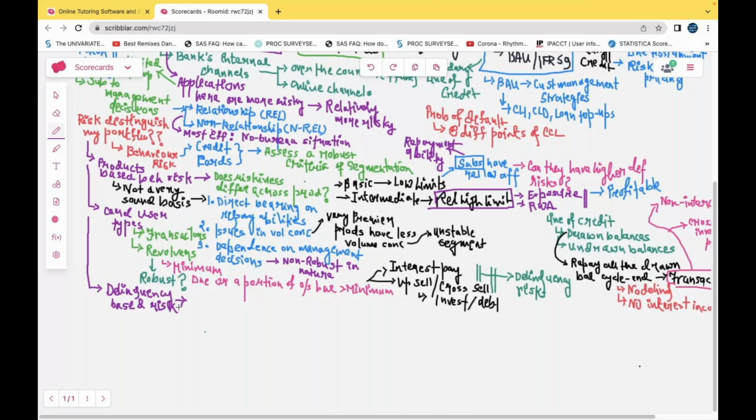Now, for such purposes, because the entire strategy of a bank can depend on the delinquency status of the borrower, therefore an alternate segmentation criteria for behavior scorecards would be the delinquency based segmentation, right?